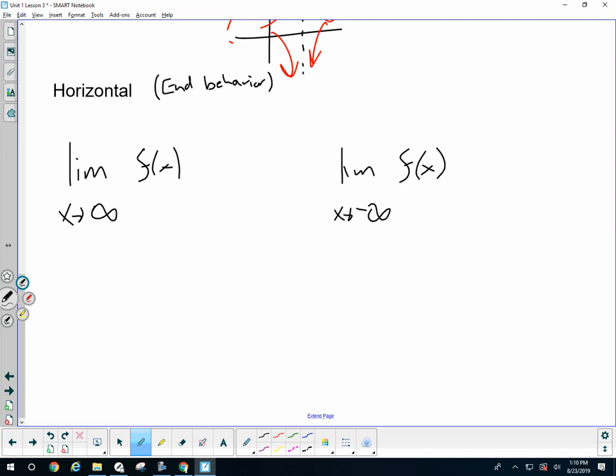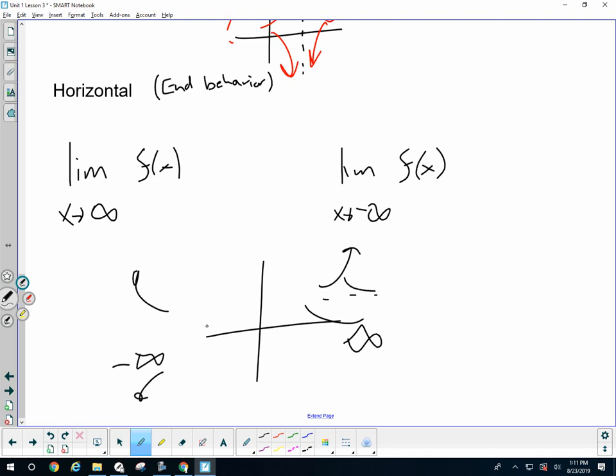I'm talking about large positive and large negative values. Look all the way to the right and all the way to the left. The question is, what is my function doing? Is it going up? Is it trending towards 0? Is it trending toward a line? We need to figure that out. To the negative infinity, is it going up? Is it going down? Is it trending towards a line? Is it trending towards 0? This is what we're trying to figure out.